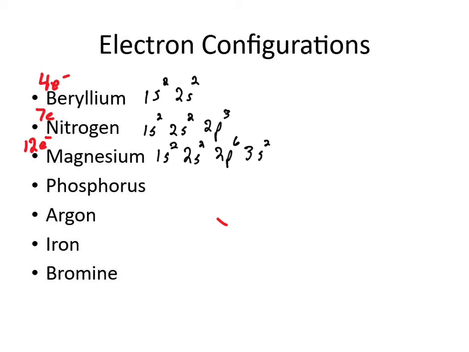Let's skip down to iron real quick. You guys try the electron configuration for iron. Go. How many electrons do I need here? Awesome. So 26 for iron.